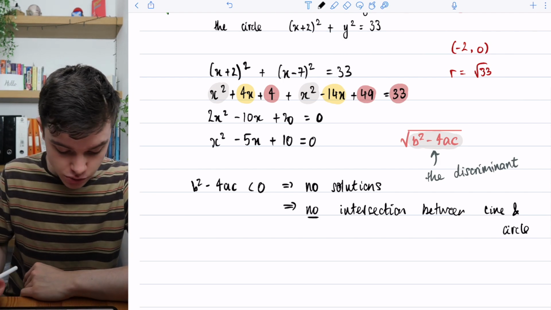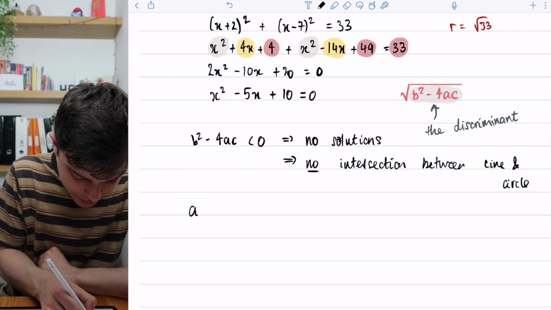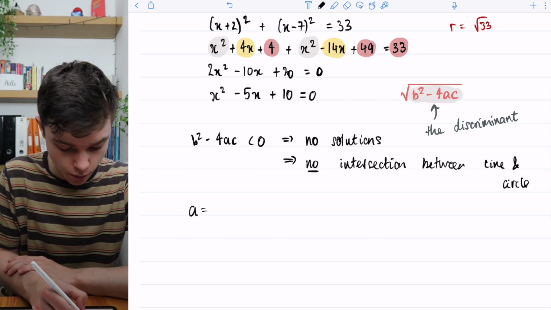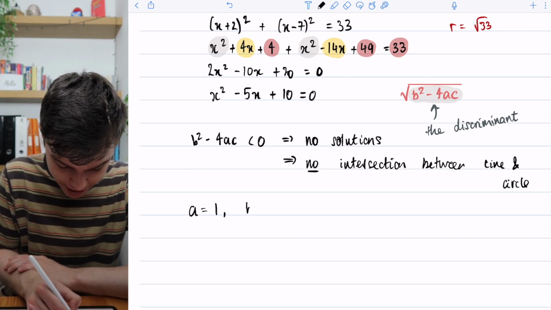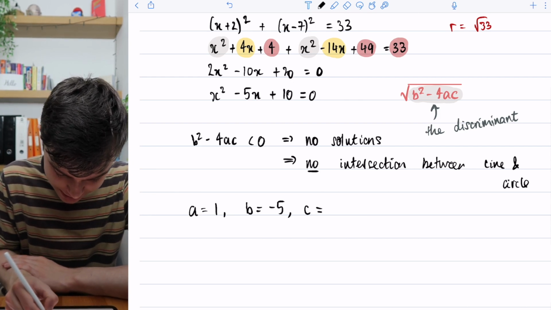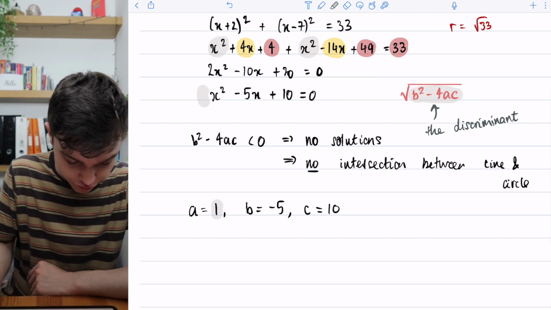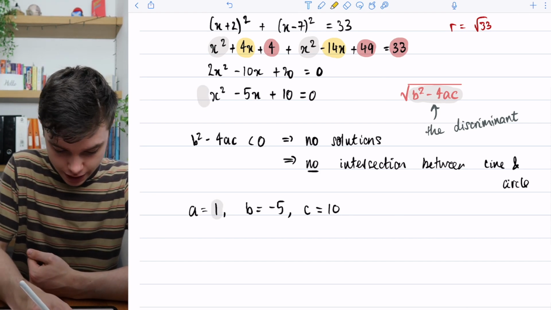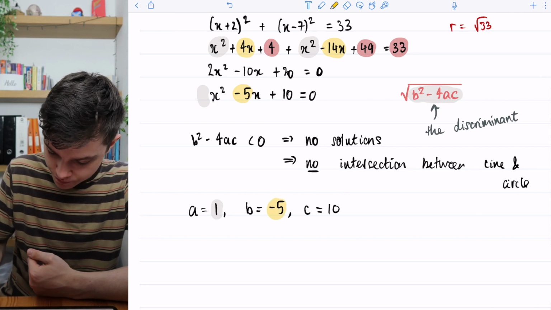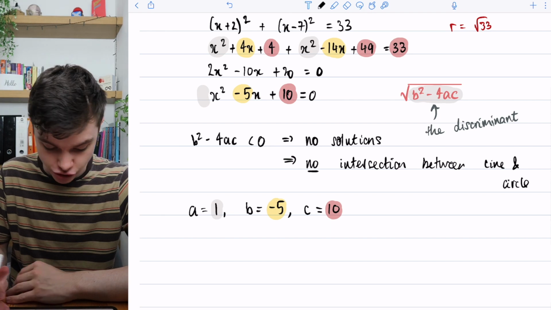So let's work out what b squared minus 4ac is. A is the coefficient of x squared, which is 1. B is the coefficient of x, which is minus 5, and then c is the constant. We'll just show where those have come from. There's our invisible 1, there's our minus 5, and there's our constant of 10. So let's substitute.